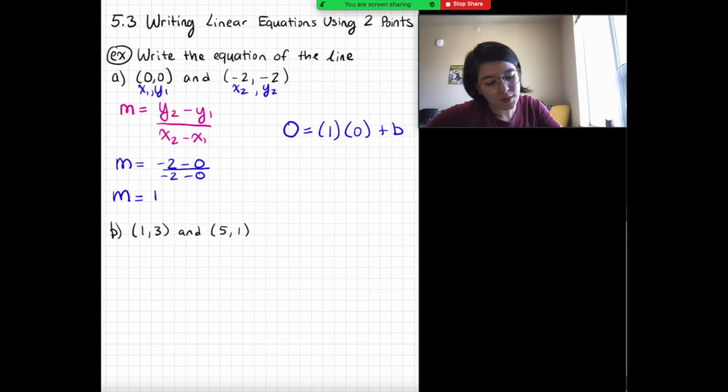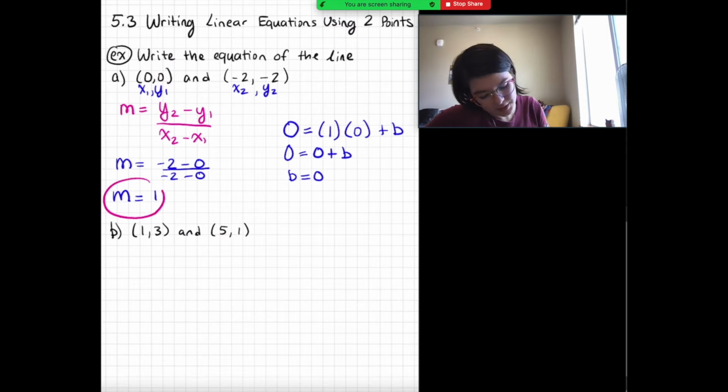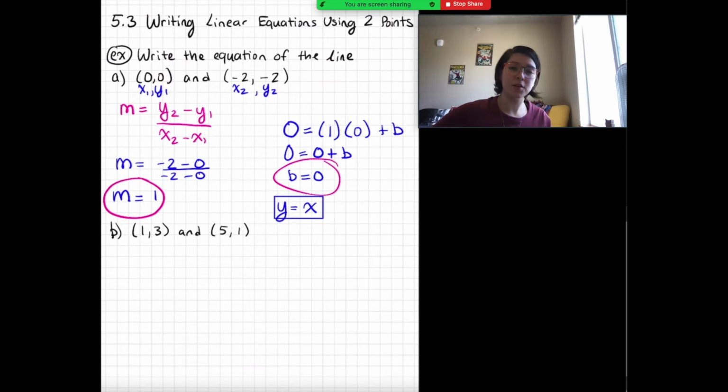Anything times 0 is just 0, so we have 0 equals 0 plus b. So b is 0. So now we have our slope, we have our y-intercept, so our equation would be y equals 1x, which is just x, plus 0. So there's our equation. Go ahead and pause and see if you can do the next one on your own.